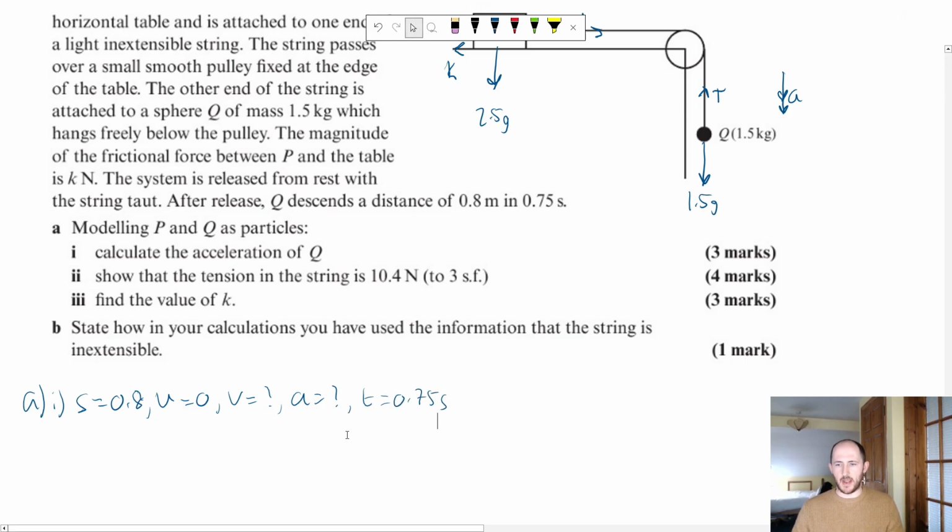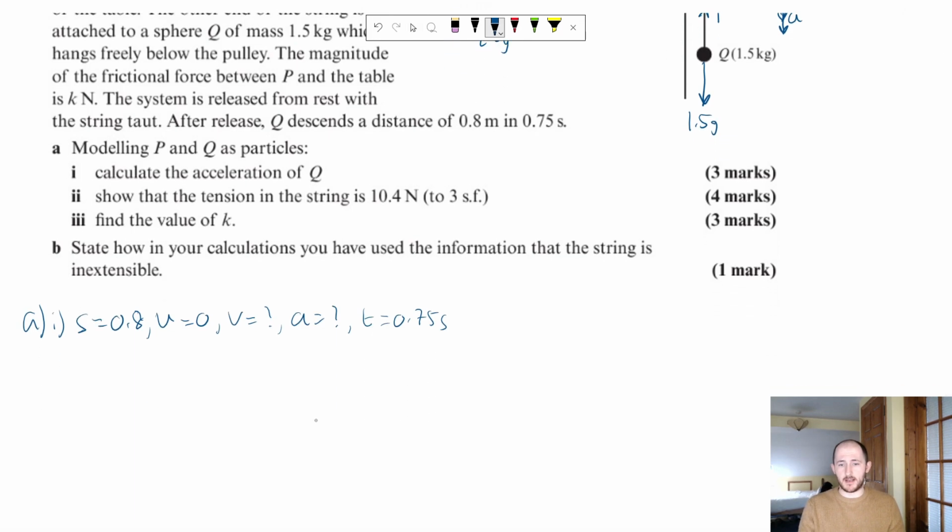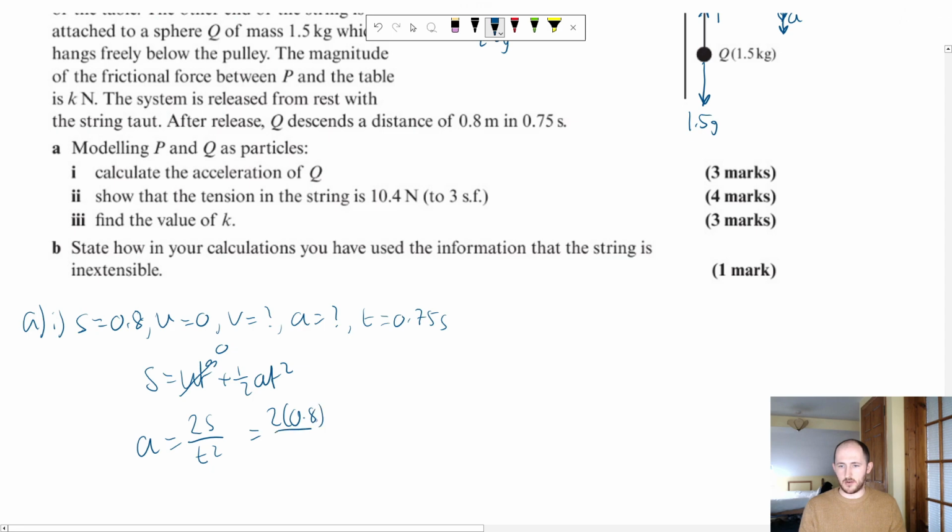So with S, U, A and T, the equation that comes to my mind is S equals UT plus half AT squared, which, because it's in free fall, is an equation we use all the time. That goes to 0. We want A, so let's quickly rearrange. Times both sides by 2 gives me 2S. So it'll be 2S over T squared. So 2 times 0.8 over 0.75 squared.